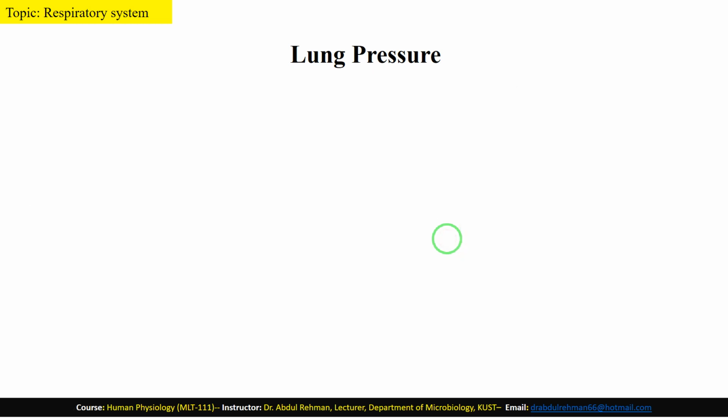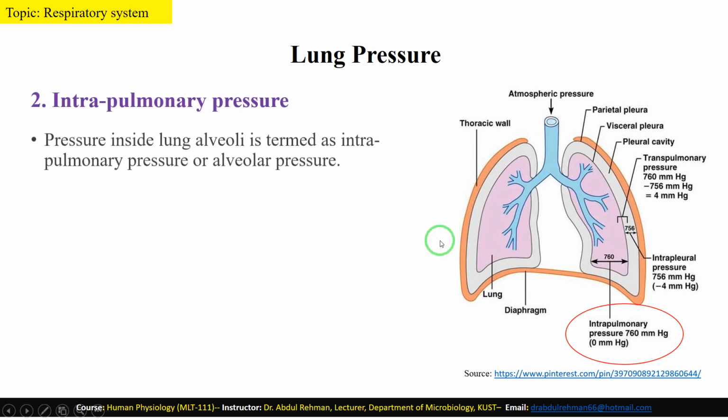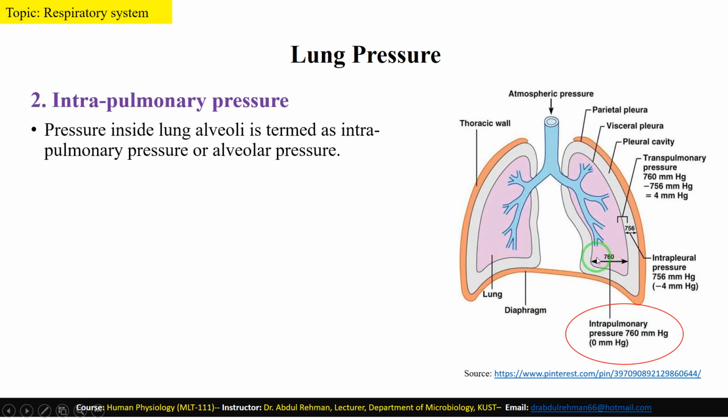Another pressure that exists within the lung is the intrapulmonary pressure. That is actually the lung pressure, or you can say the pressure inside the lung alveoli. It is different during inspiration and expiration.